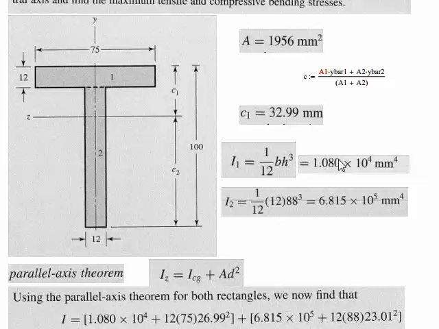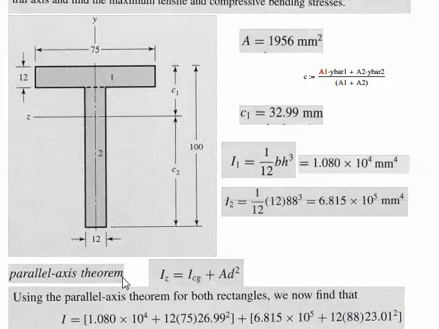I didn't check the numbers, but I'm going to trust the 1080. For region 2, b h cubed over 12, the h is the tall number cubed and the b is the narrow one, so it's 12 times 88 cubed. That comes out to be 6.8 times 10 to the 5th. These are the moments of inertia of each rectangle about their own local centroid.